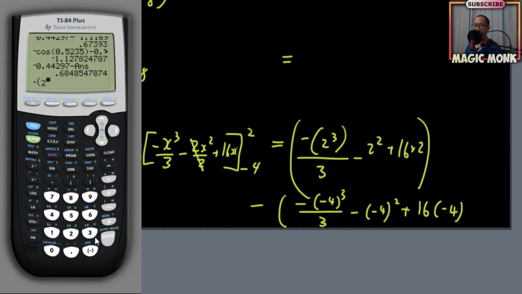2 cubed divided by 3, minus 2 squared is just 4, plus 16 times 2 is 32, minus, and then you need all this in brackets.